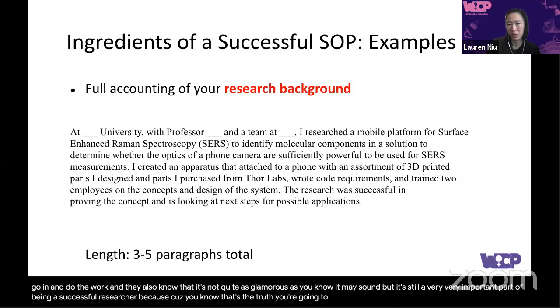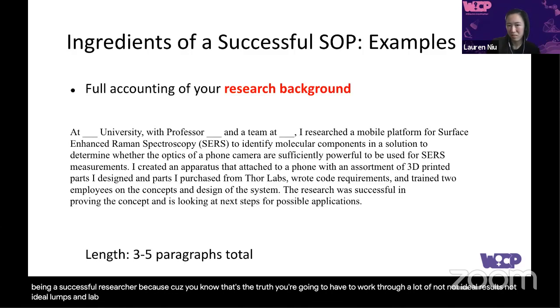You're going to have to work through a lot of non-ideal results, non-ideal months in lab. And if you can demonstrate that you can do that, that's what they're hiring you for.